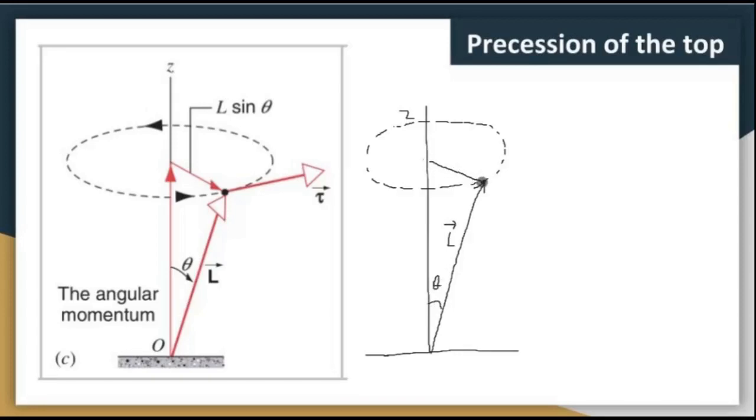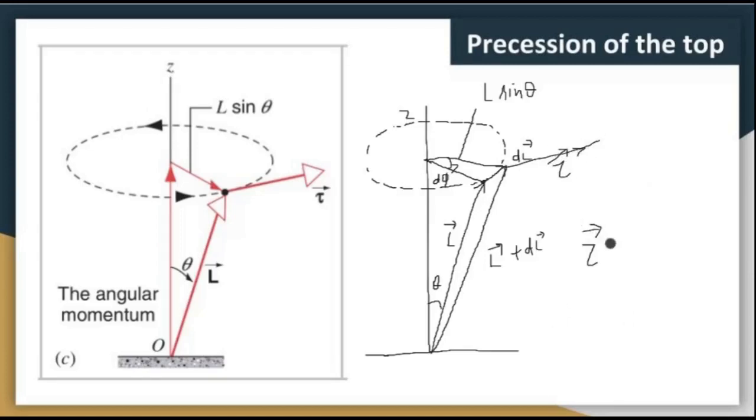The change in angular momentum due to the torque is dL, and the effect of the torque is to change L to L plus dL vector. This vector L plus dL has the same magnitude as that of L but points in a slightly different direction.